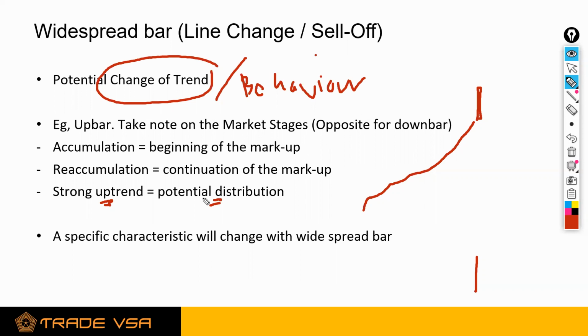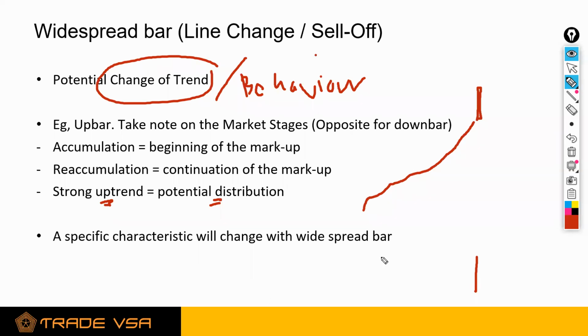Yes, correct. So whenever you see something widespread suddenly, even though it is a strong uptrend, you have to be careful: maybe smart money is trying to change the trend? Maybe they are selling into some good news? Remember that whenever you see widespread, there's a chance for them to change behavior.